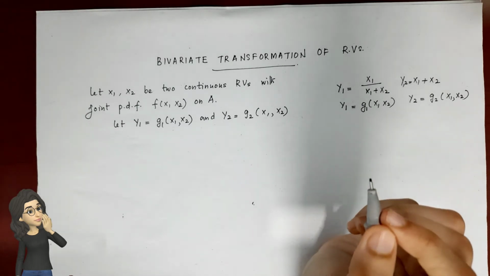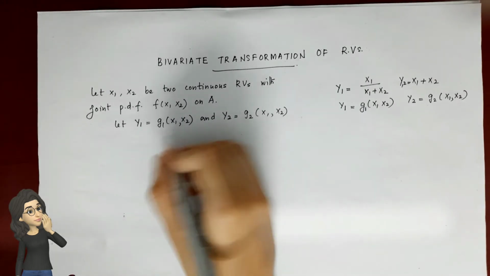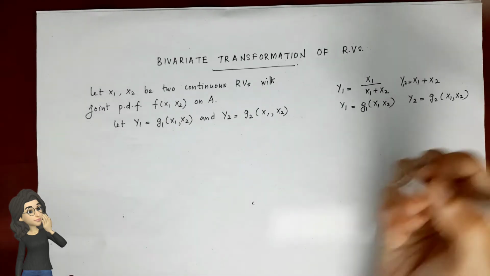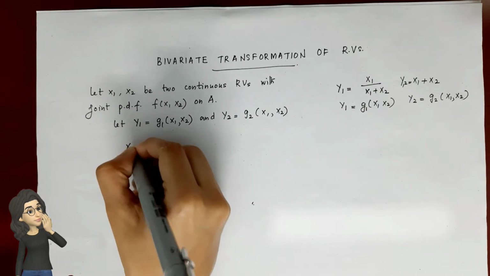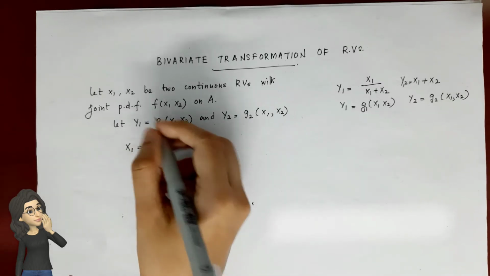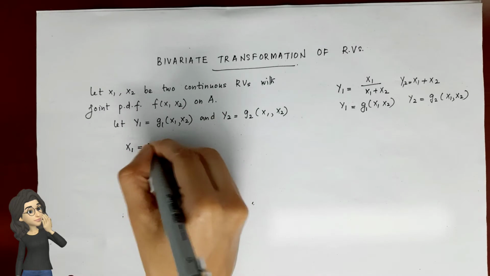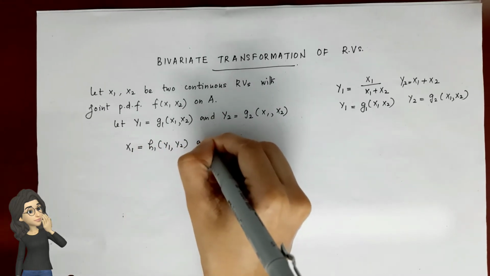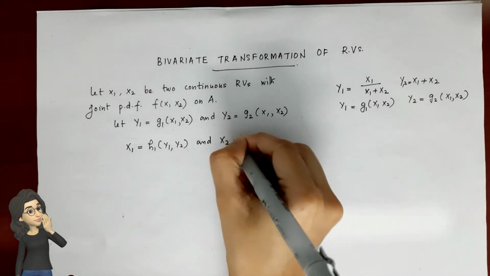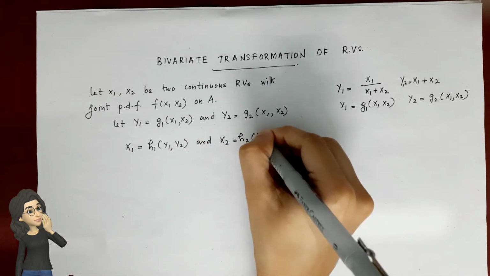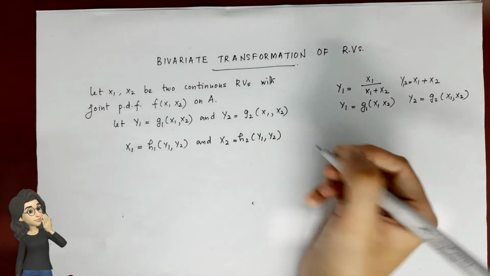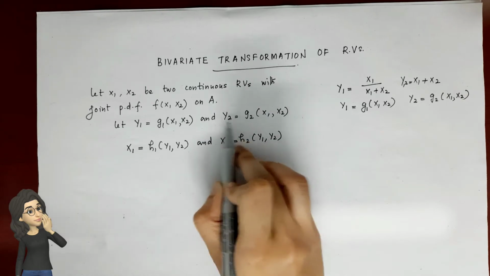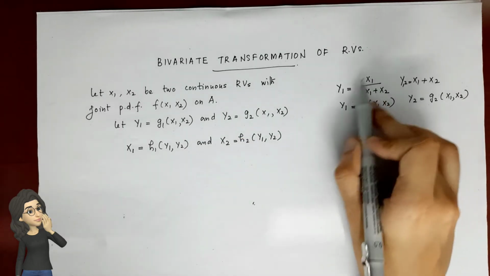We also assume that y1 and y2 can be solved uniquely for x1 and x2, so we can write x1 as a function of y1 and y2 alone, which I denote by h1 of y1, y2, and x2 as h2 of y1, y2. This is how we choose the dummy variable y2, and y1 might be our required question.